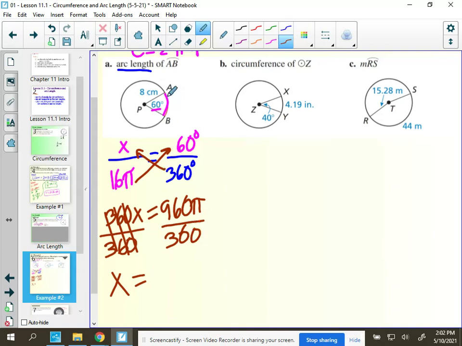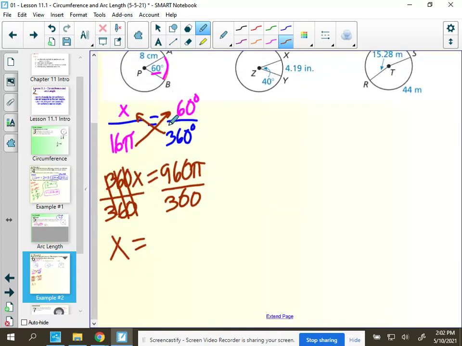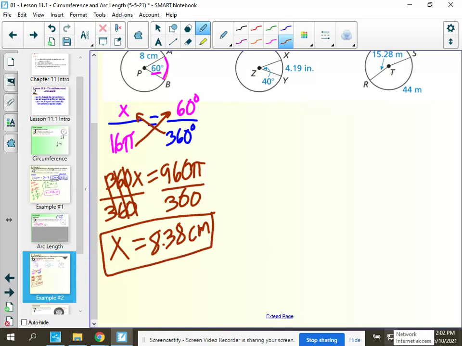Did it say nearest hundredth? Yep, so we'll say about 8.38 centimeters. So relatively painless, I would say, using that almost template for the proportion when it comes to arc length.